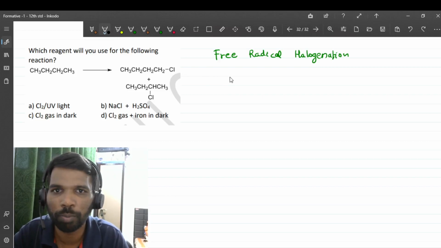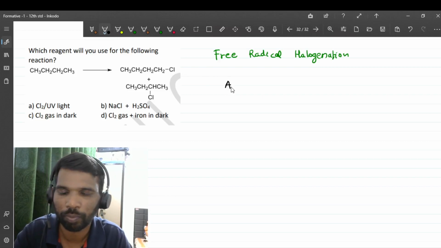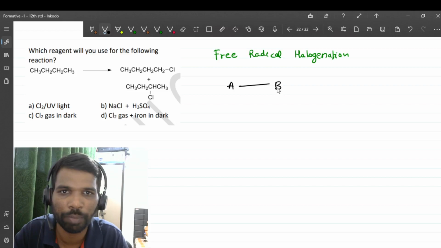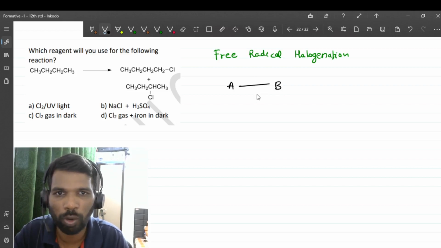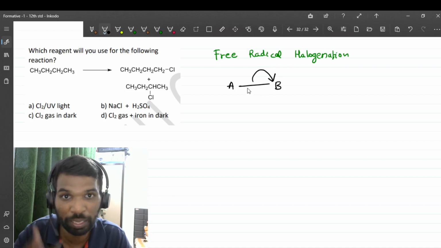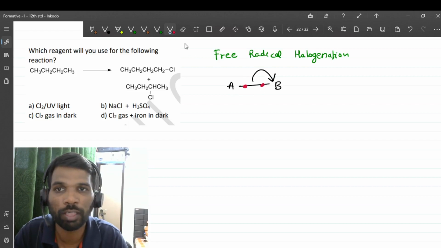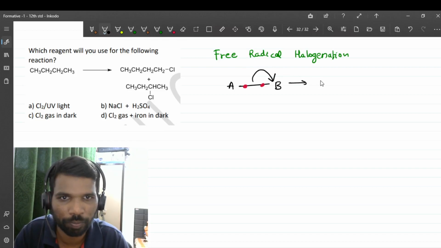Let's say there is an atom A and an atom B. If this bond is breaking with a full-headed arrow, the electrons over here, both of them, go with B. What you get is A plus, because A is losing the electron, and B minus, because B is gaining the electron.